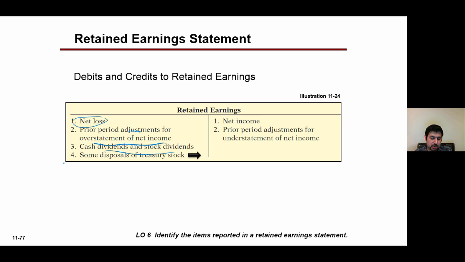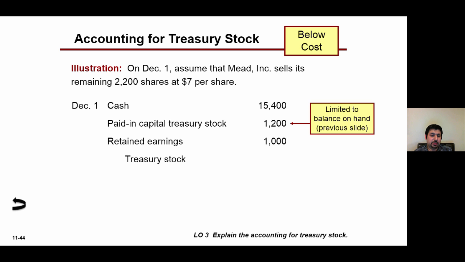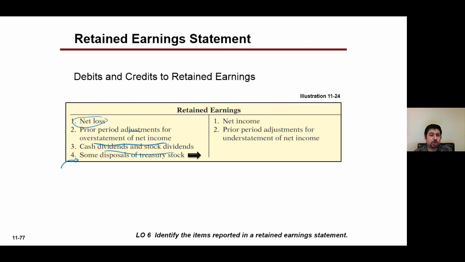And some disposal of treasury stock, if you remember, this is when we don't have enough balance in paid-in capital from treasury stock, like in this slide here, so we debited retained earnings. On the other hand, retained earnings will be credited when the company has a net income and when the net income of the previous year was understated.